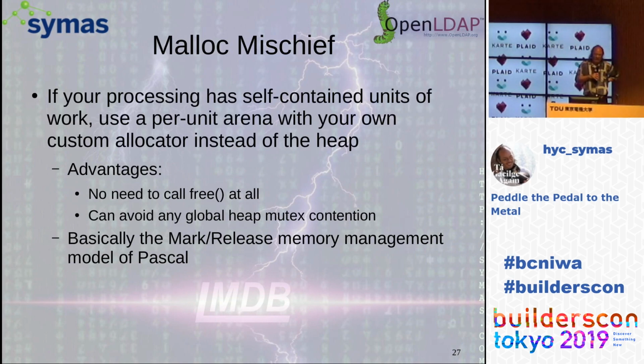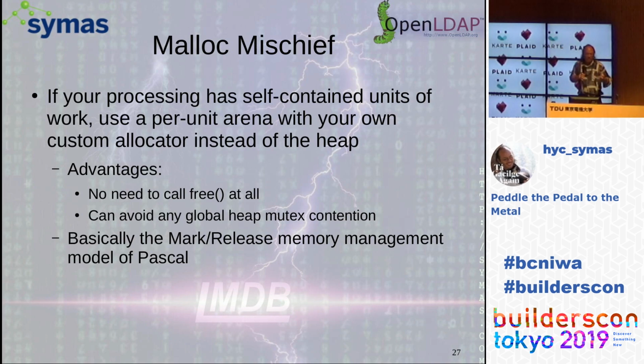Okay. So, again, in OpenLDAP, we process one LDAP request at a time over a socket. So whenever you have easily divided work units, where all of your processing happens on one request or one task, whatever that happens to be, there's a good potential for you to use something like an arena-based memory allocator instead of the library heap.